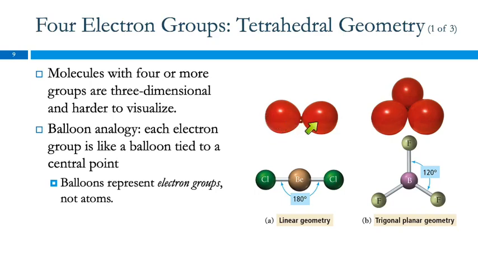If we tie two balloons together, they will do this, so, be opposite of each other. And if we put a third balloon in there, it'll squish those two closer together. And then we'll see what happens when we put a fourth balloon in there. But for this balloon analogy, it's important to note that the balloons represent electron groups, not atoms.